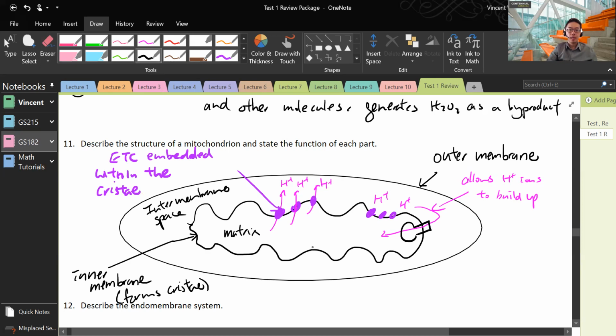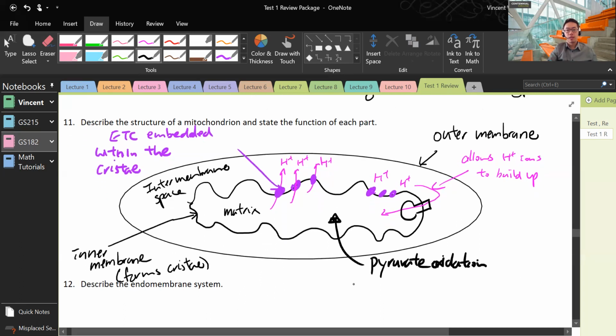Okay. What is going on in the matrix? Well, tons of stuff happens in the matrix. We have the pyruvate oxidation. And we also have the Krebs cycle. Okay.